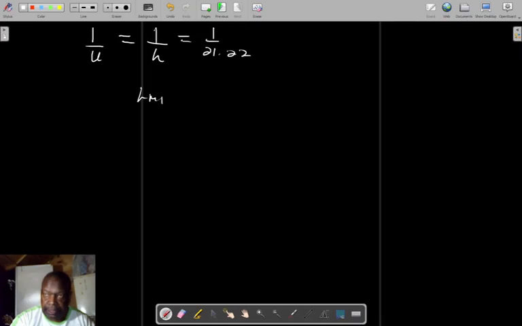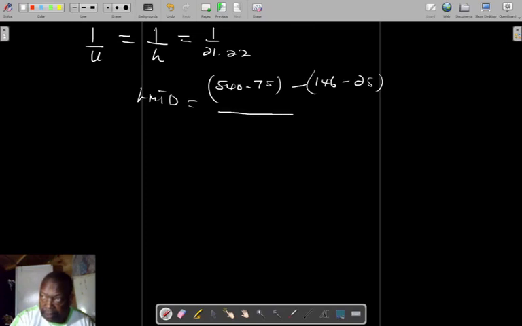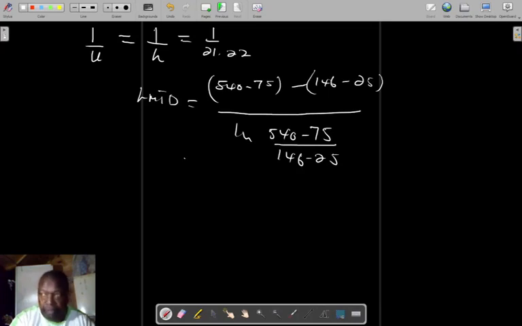Now LMTD is equal to 540 minus 75, minus 146 minus 25, divided by ln of 540 minus 75 divided by 146 minus 25. That is equal to 255.5 degrees C.